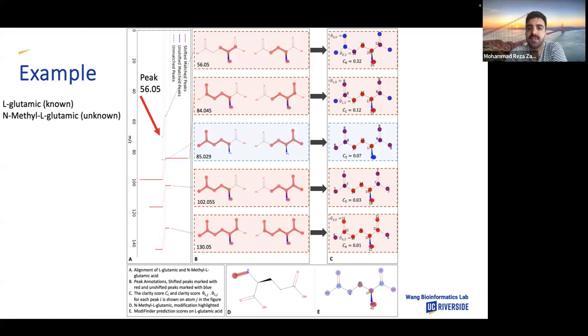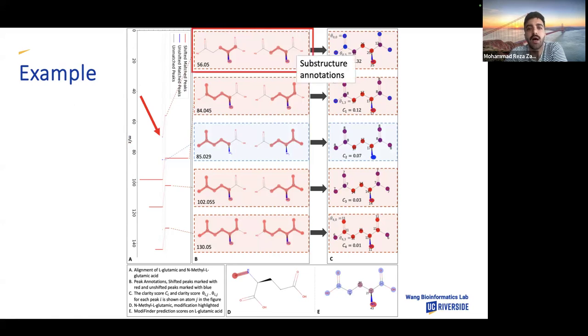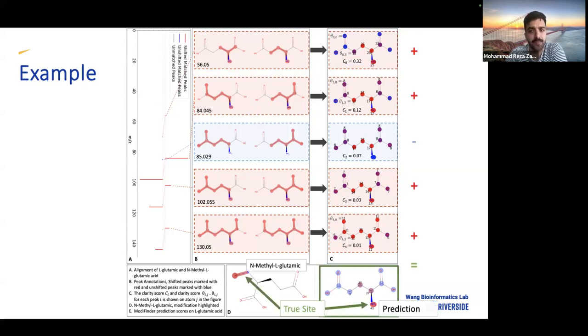In this example, let's just look at the peak 56. Here there are two substructure annotations, and it is a shifted peak. So once the scores are calculated, that is the score that is going to be added as a positive reward to these atoms. And this is the clarity score, which is essentially the weight of this peak.